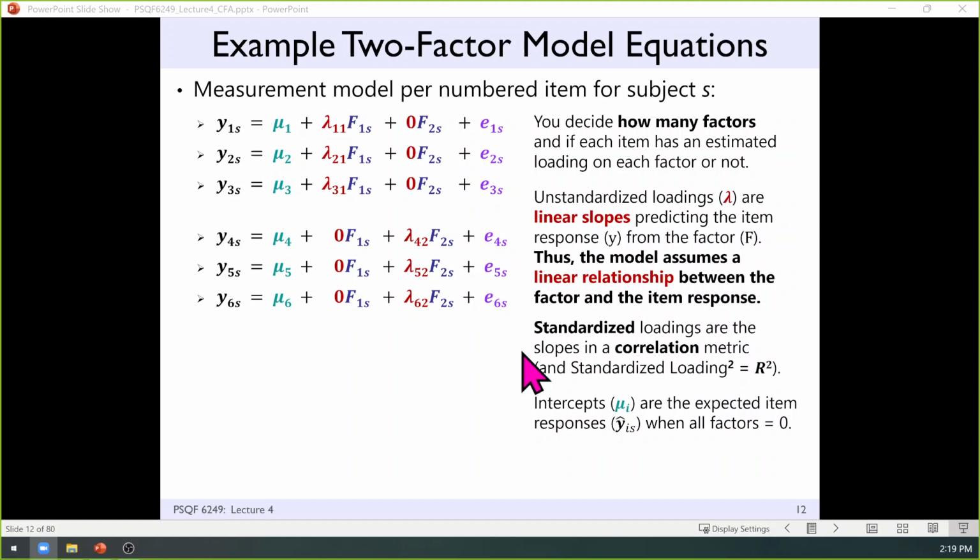Here I am saying, no, the first three items only measure factor 1. That is my theory that I'm putting onto this data. And the second three items only measure factor 2. And so I can test the extent to which that is the case by fitting this model and seeing how well this model recreates the observed means, variances, and covariances of these item responses.